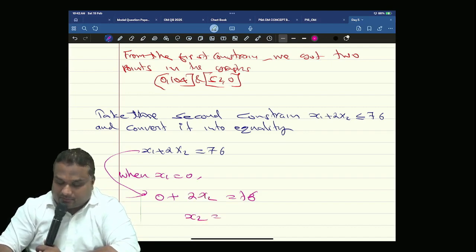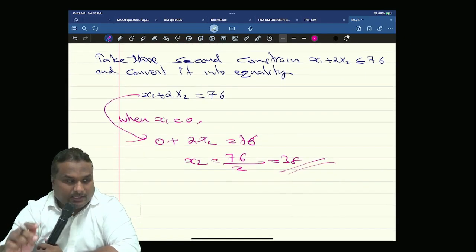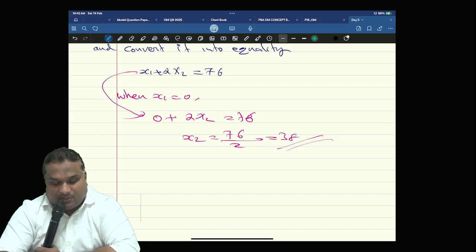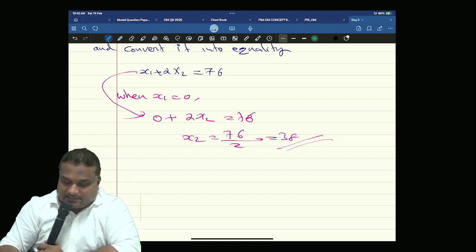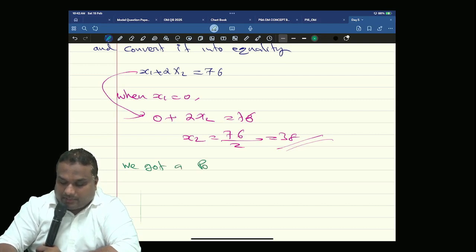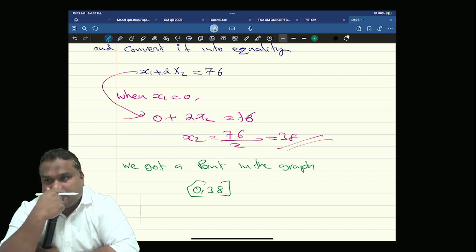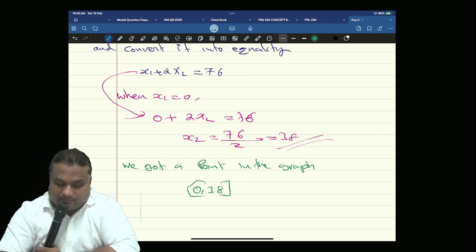That means x2 is equal to 76 by 2, which equals 38. Now from the second constraint, we got a point in the graph: 0, 38.